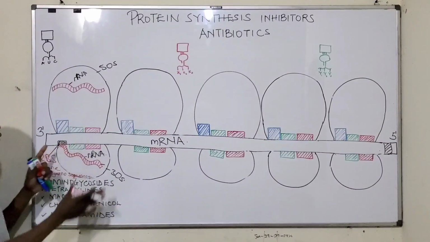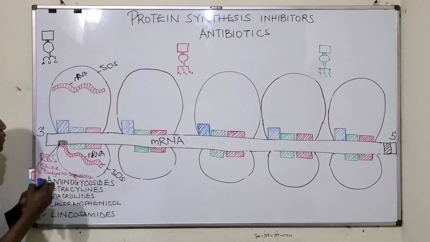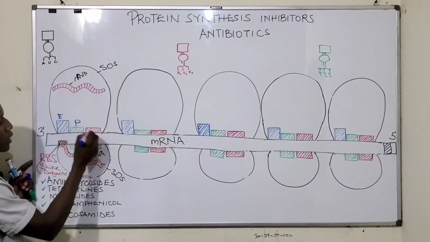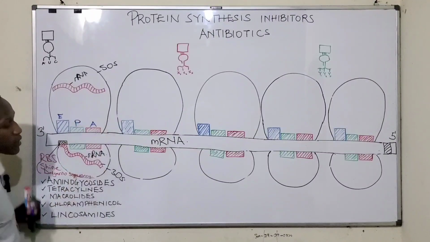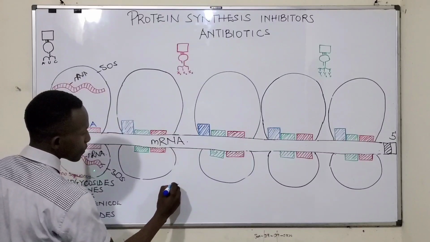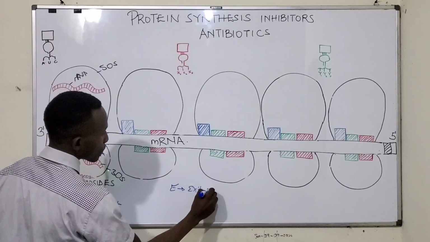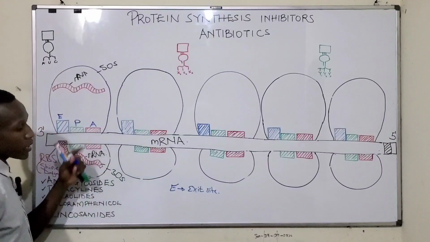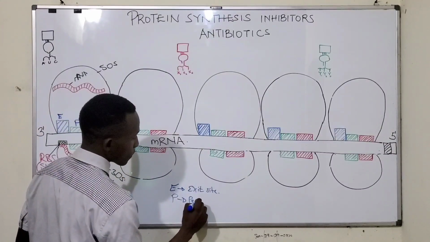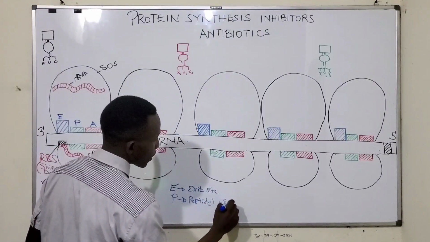At the ribosome, we have different sites. We have this site, which is called the E site. This is the E site, this is the P site, and this is the A site. We are going to see what they mean. The E site is known as the exit site. The P site is known as the peptidyl transfer RNA binding site.